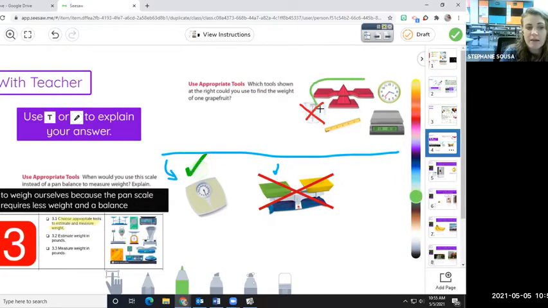This is a balance scale, and we could put the grapefruit right here on the scale to get the balance. So this one would work. A clock measures time, and a grapefruit does not tell us time. A ruler measures length, and length does not tell us the weight.